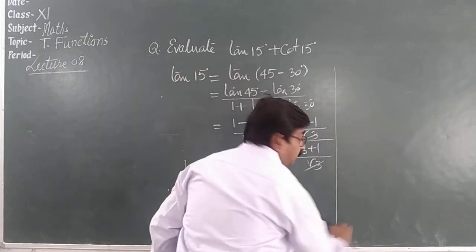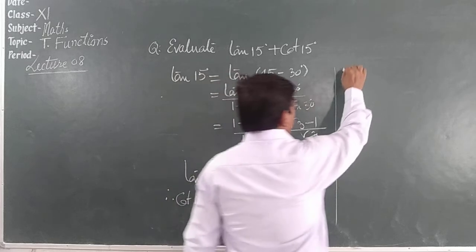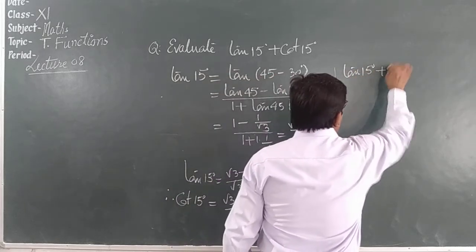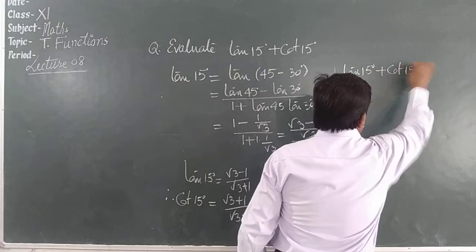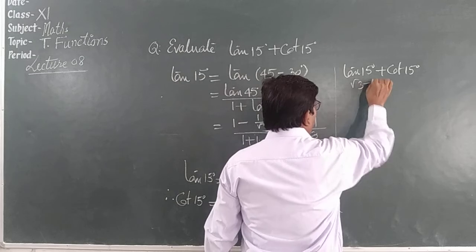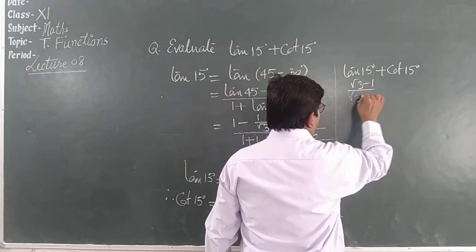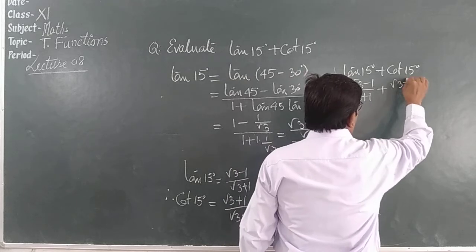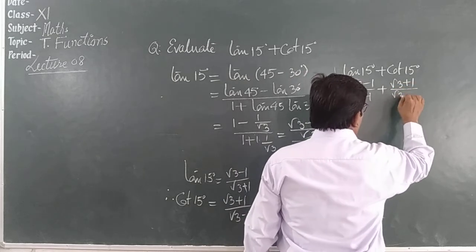So we have to find the value of tan 15 degree plus cot 15 degree. Let's see. Tan 15 degree we have got as root 3 minus 1 upon root 3 plus 1, and plus cot 15 which is root 3 plus 1 upon root 3 minus 1.